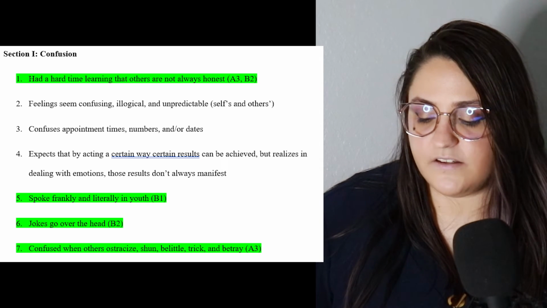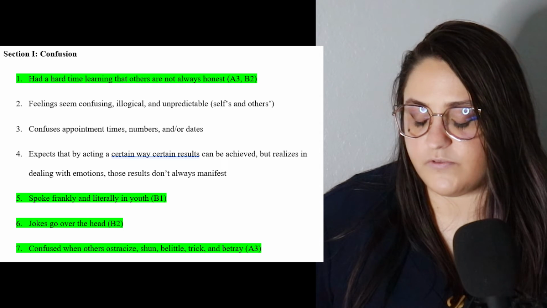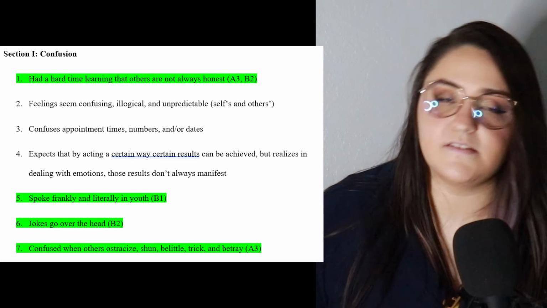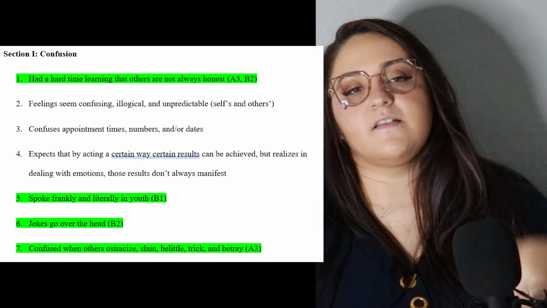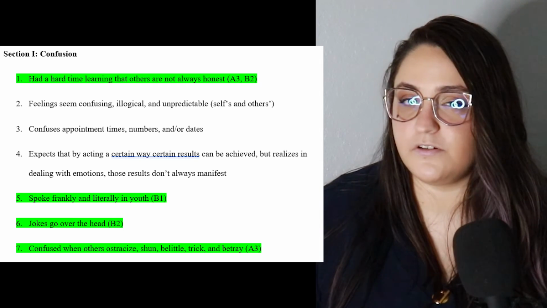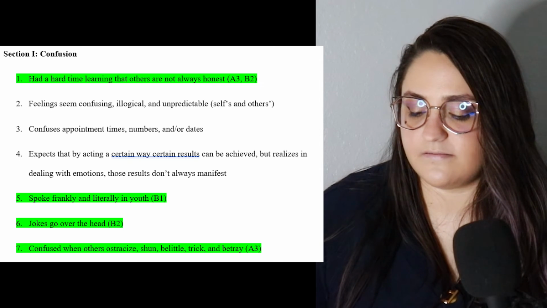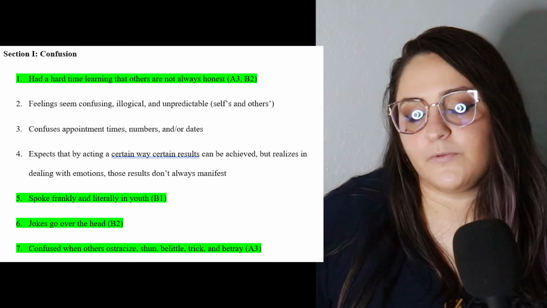Expects that by acting a certain way, certain results can be achieved, but realizes dealing with emotions, these results don't always manifest. I didn't put any of those under anything. I feel like the last one could be really close to something else, but I just didn't feel it was close enough.